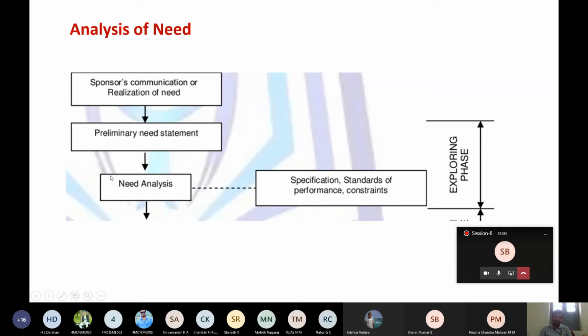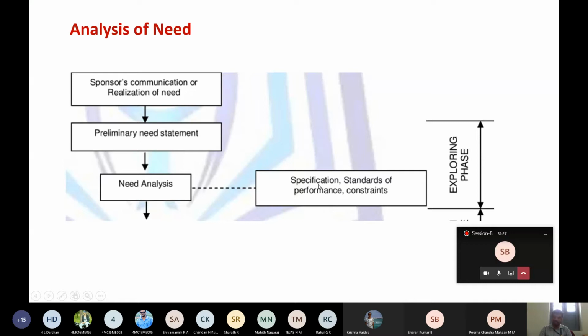Okay, so already we have understood in the previous step the actual nature of the problem. Now again we have to understand this problem in detail in the need analysis stage. In order to understand the problem in detail, we think about specifications, standards of performance and constraints to satisfy the need.